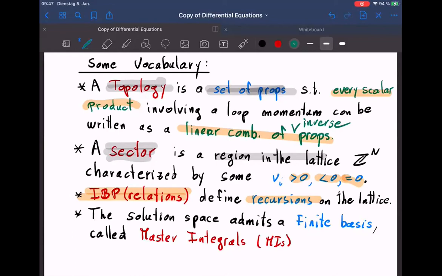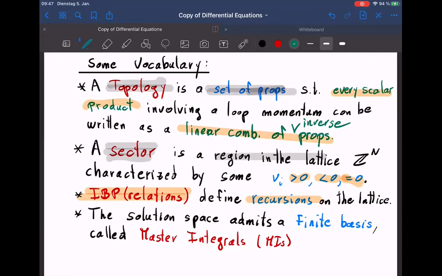And so once you have this lattice, you have the IBP relations. You can try to solve the recursion. And you can actually prove, it's a theorem, that there's always a finite dimensional solution space.